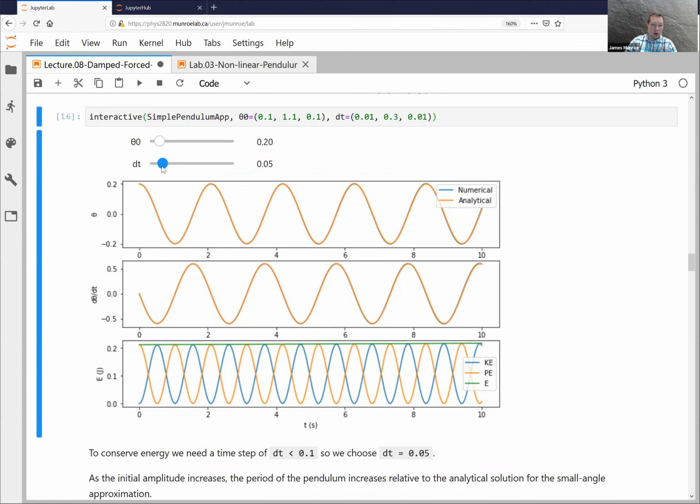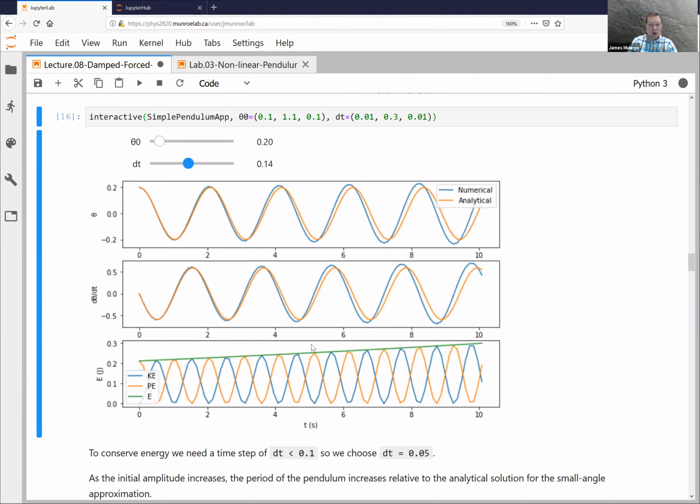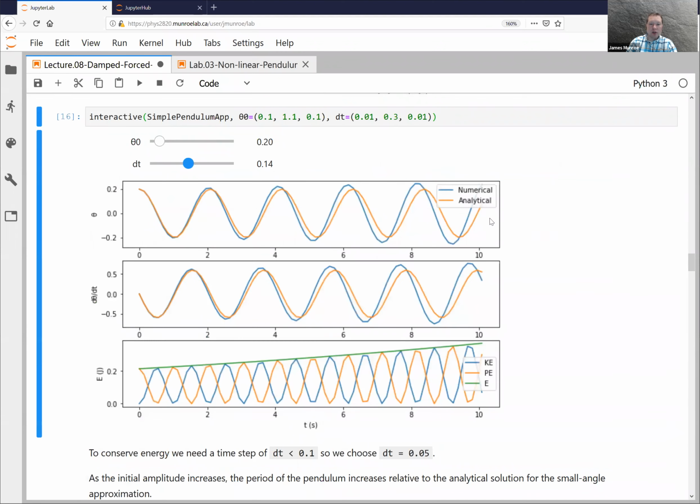In particular, take a look at what happens if I chose the wrong time step, if I made bigger steps in time. As I make bigger steps in time, I hope you can notice a couple things. One is the numerical and analytical solutions are no longer the same. That's a hint that we've done something incorrect. The reason we've done something incorrect is because the energy in the system is growing over time.